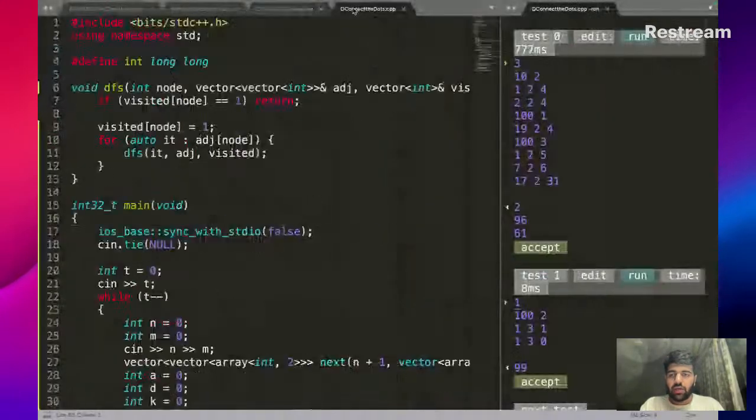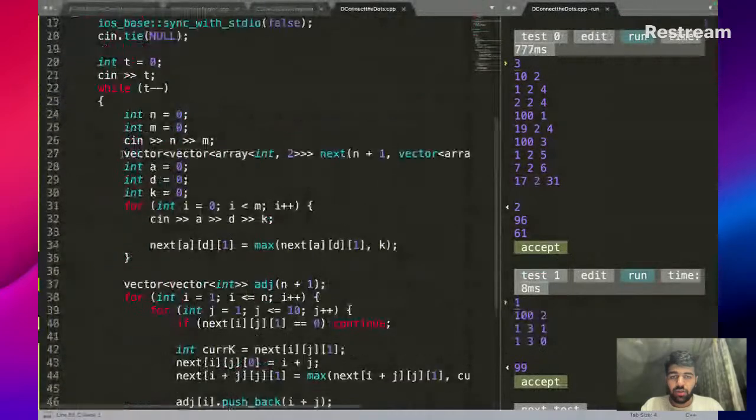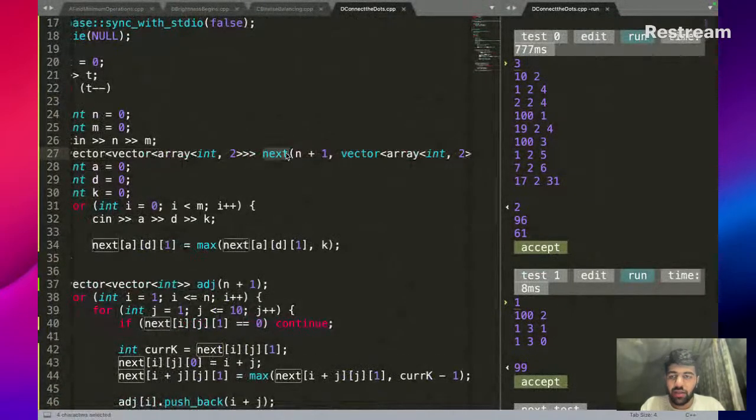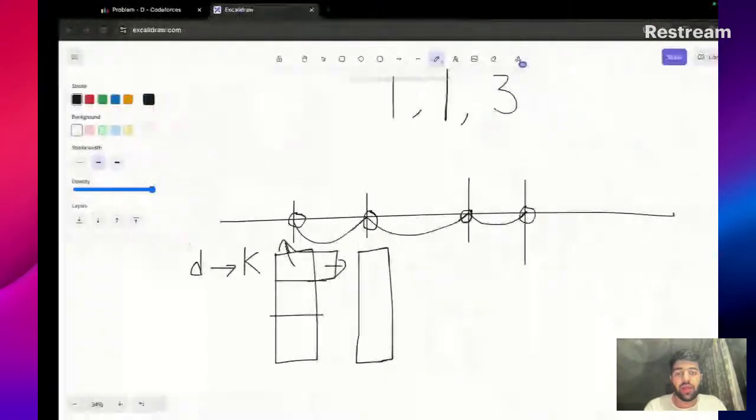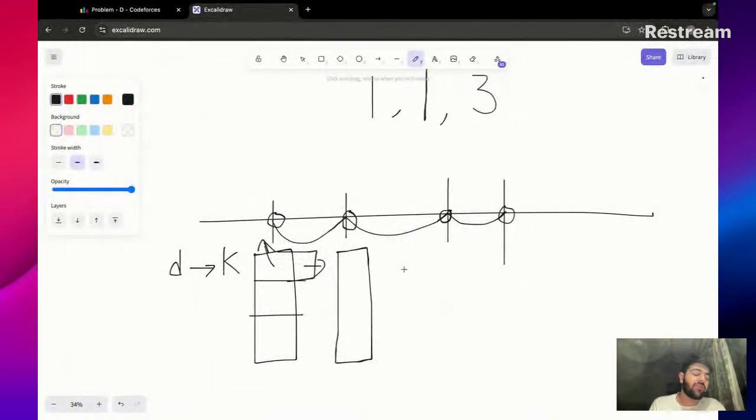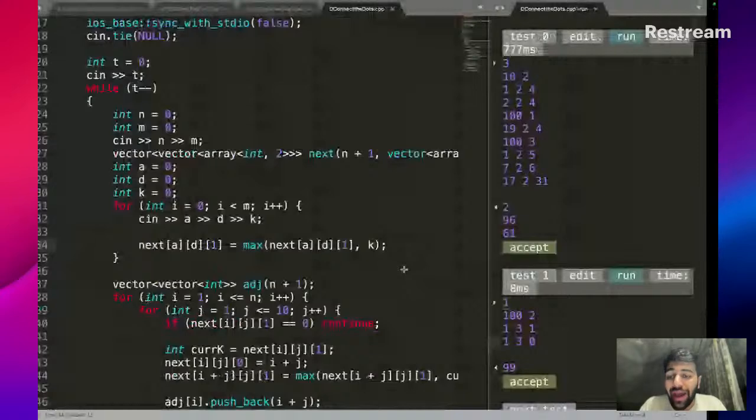If you see, we are taking inputs. We made a vector of next and adk. At index 1, I'm storing the next value, and it will be max, because if I have a 1 here and then I do equal to k, it will be overwritten to a 0. It has to be max k. Basically, what max step ahead using the difference d I can go ahead.